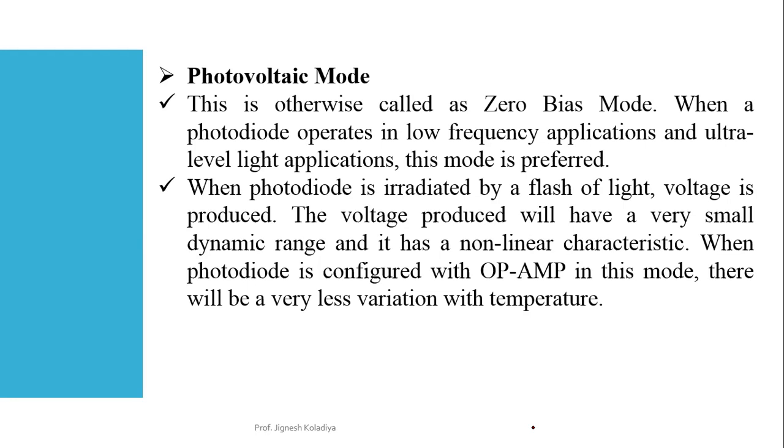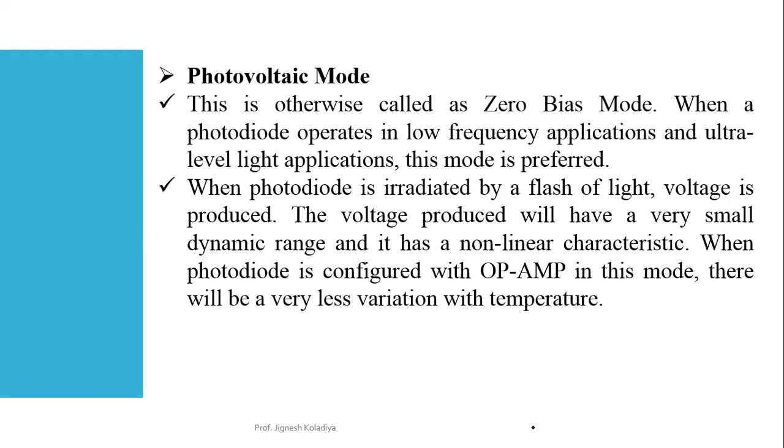When the photodiode is irradiated by a flash of light, voltage is produced. The voltage produced will have a very small dynamic range and it has a non-linear characteristic.